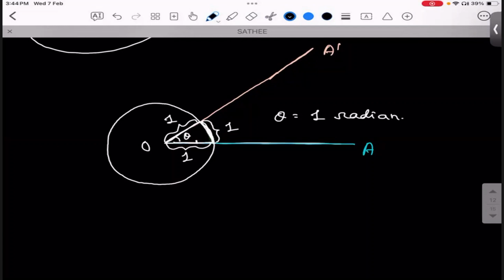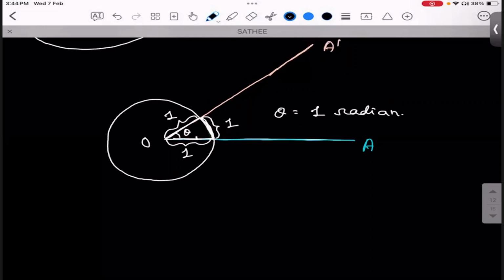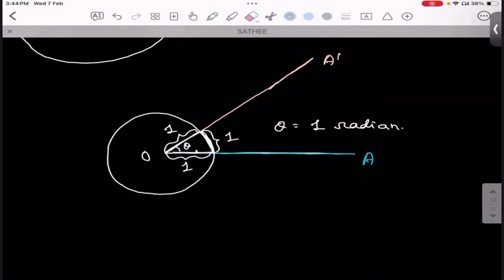Now one can ask, instead of a unit circle, if I want to know about any other circle, I can use a circle of radius r. If I use a circle of radius r, what happens? In that case, just understand from here. This theta is 1 radian.